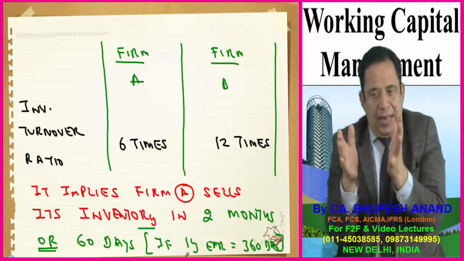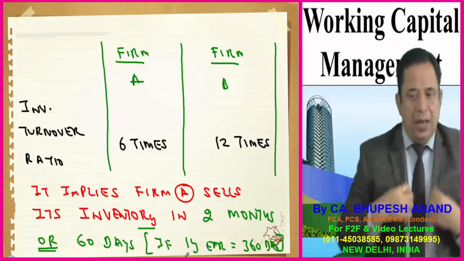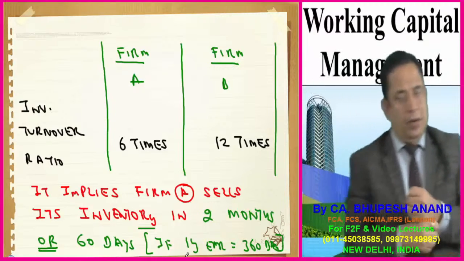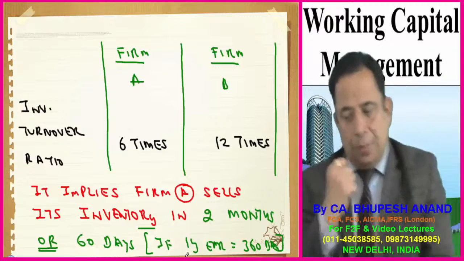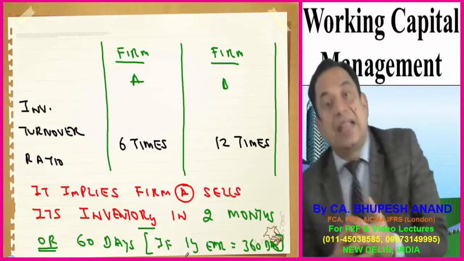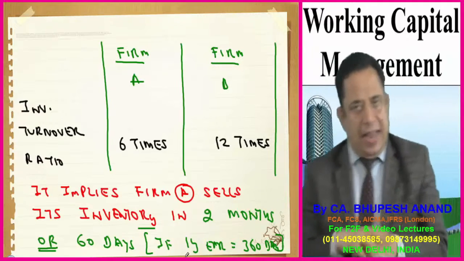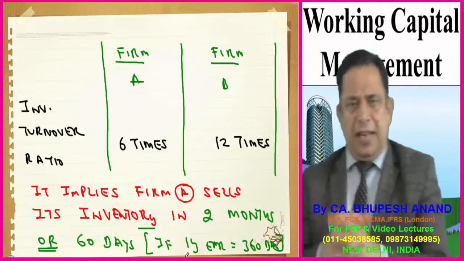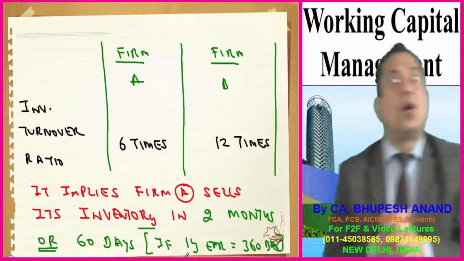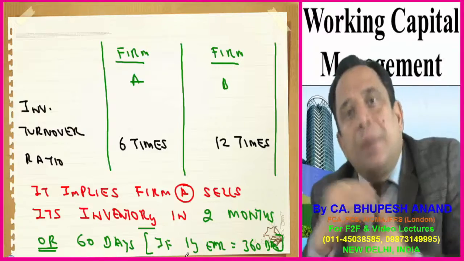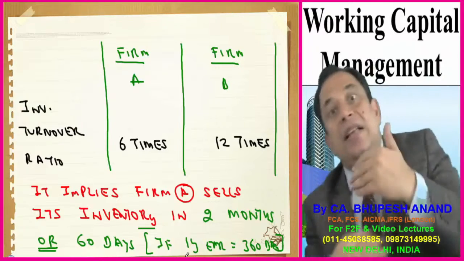So in the example of firm A and firm B, let the inventory turnover ratio of firm A be 6 times and of firm B be 12 times. Prima facie, on the face of it, I can say firm B is doing good because they are converting their stock, purchasing, selling, buying, selling.